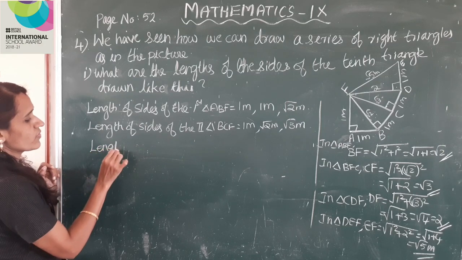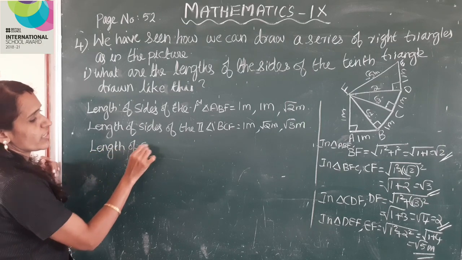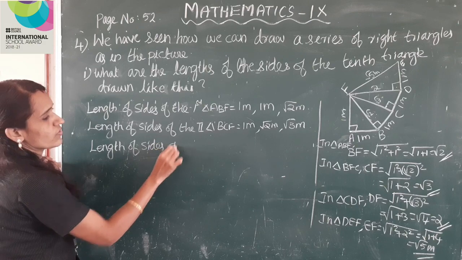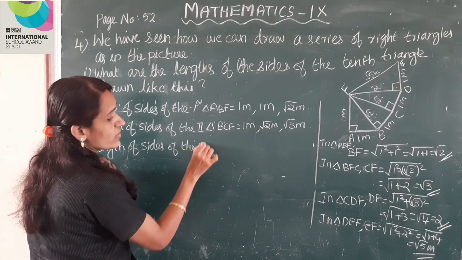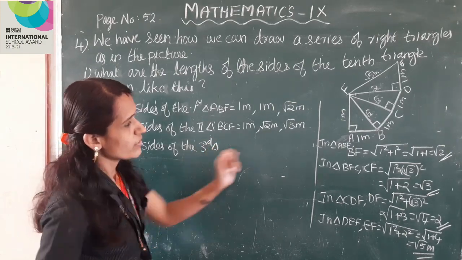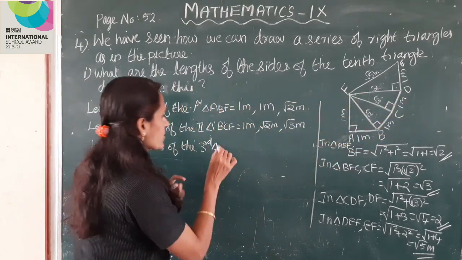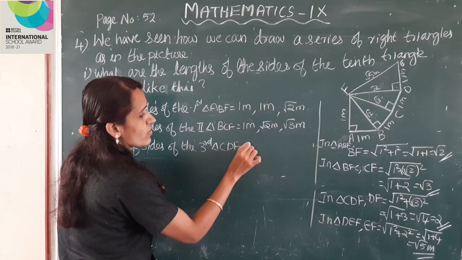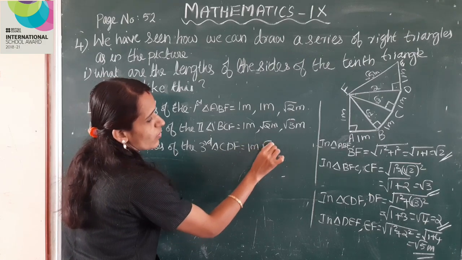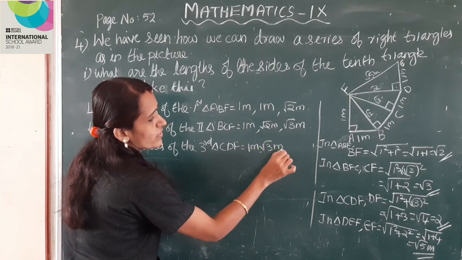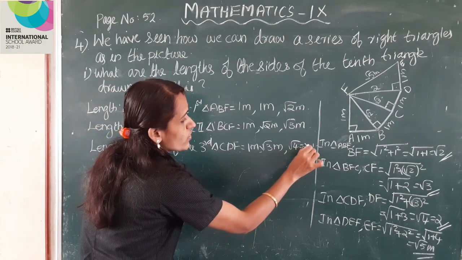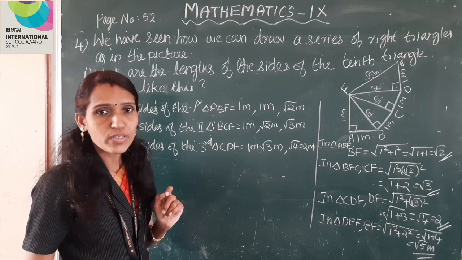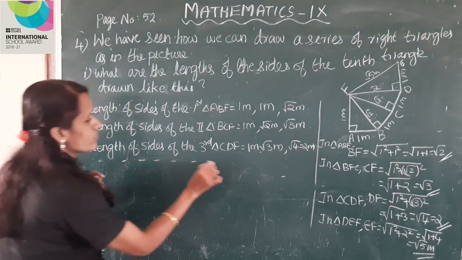Length of the sides of the third triangle CDF: base is 1 meter, altitude is root 3 meter and hypotenuse is root 4, equal to 2 meter. Okay, etc.